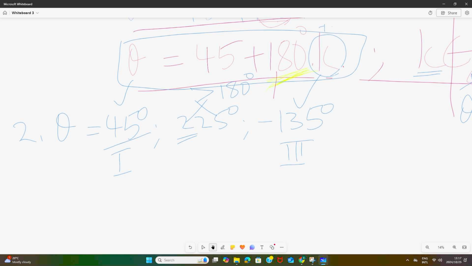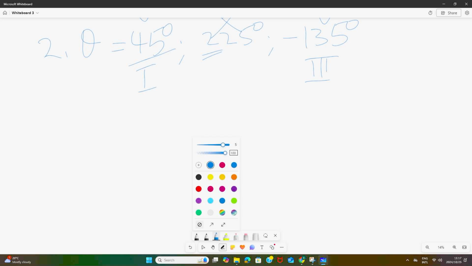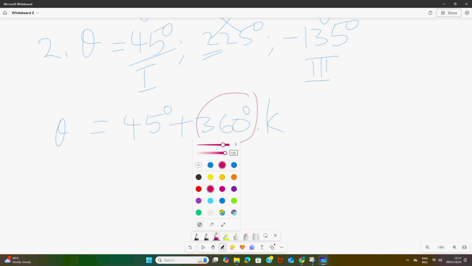When you see someone writing theta is equal to 45 degrees plus 360 times k, you must know that this person is using a Cartesian plane.